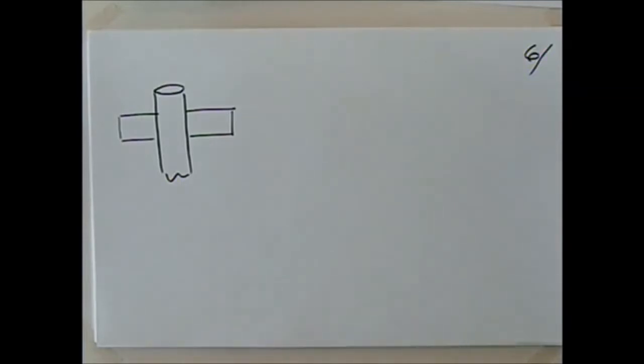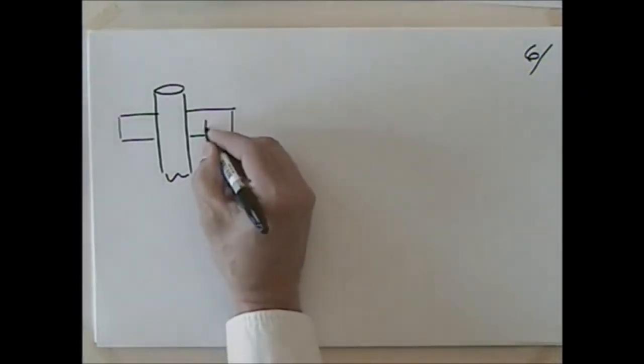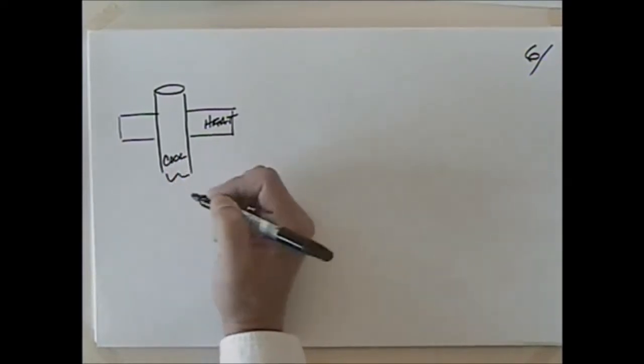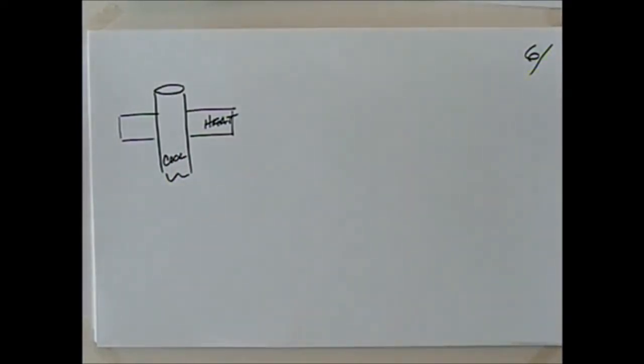What can you do? Yeah, you're going to heat this up, right? And you're going to cool this down and slide them together and hope that you get them together before they come to the same temperature, because then they're stuck for good, right?